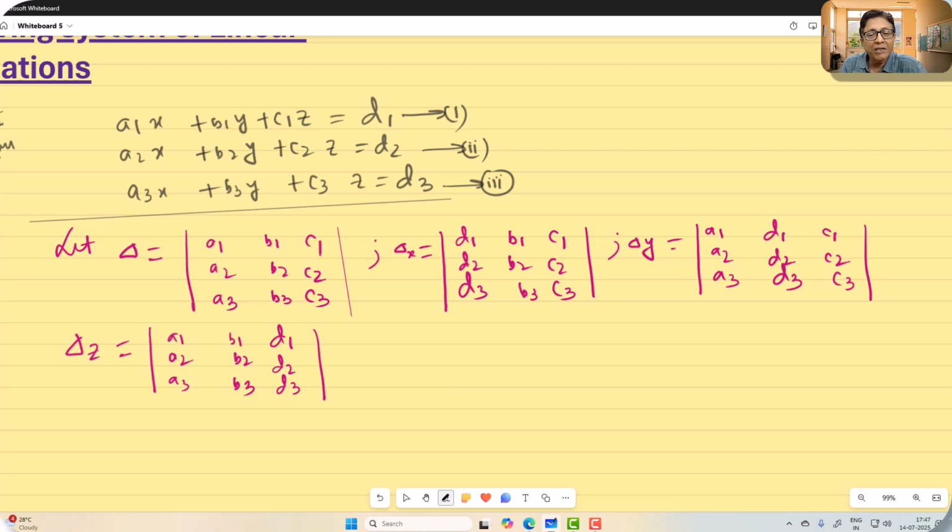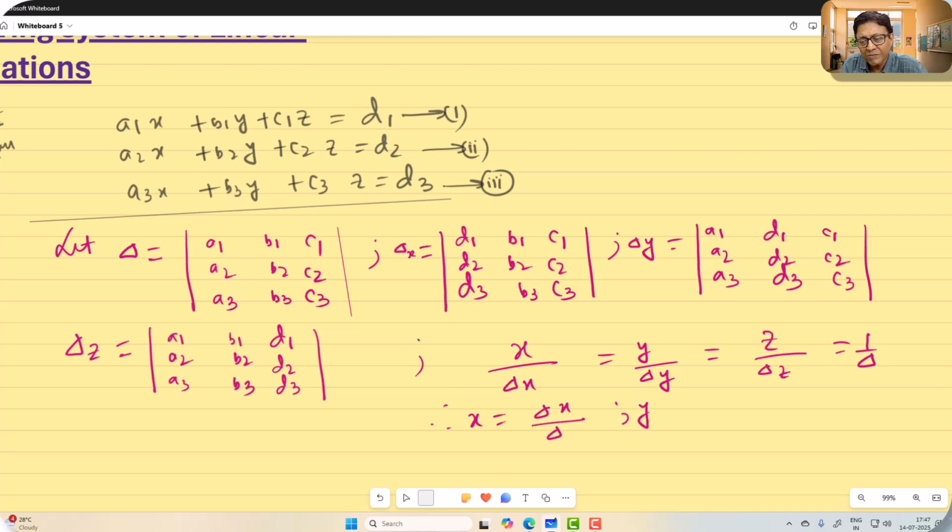After finding delta, delta x, delta y, delta z, we will be writing x by delta x, y by delta y, z by delta z equal to 1 by delta. So x is going to be delta x by delta, y is delta y by delta, z is delta z by delta.